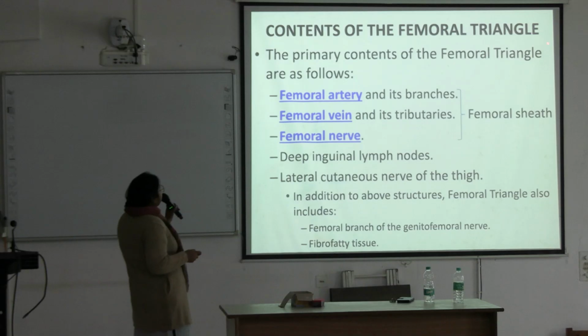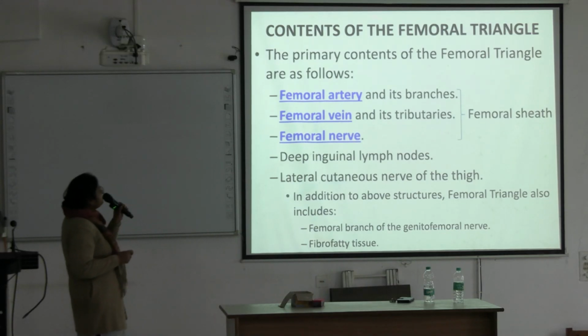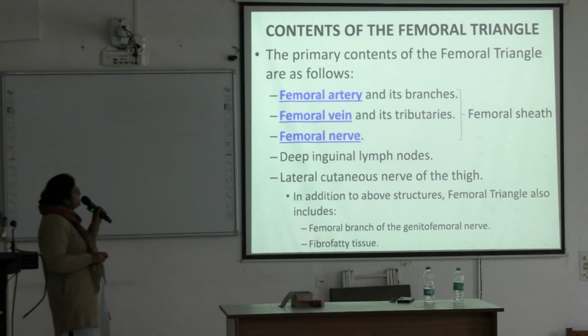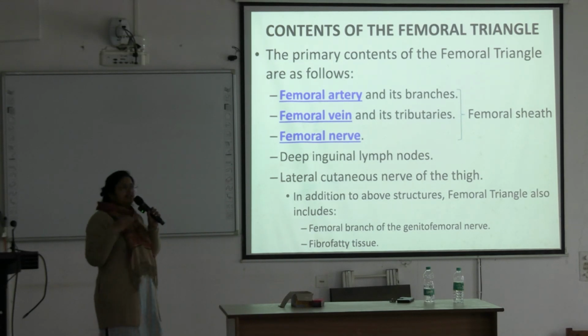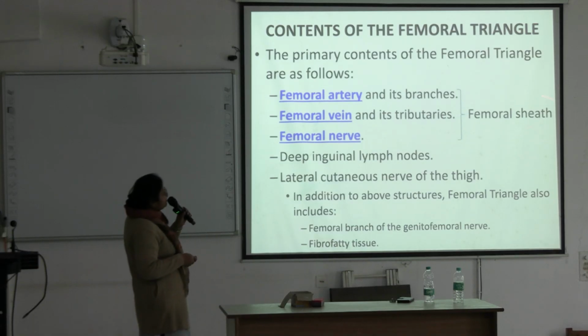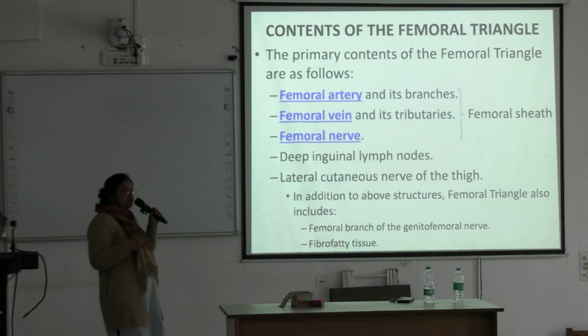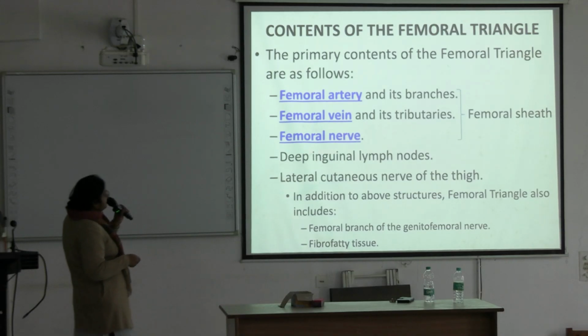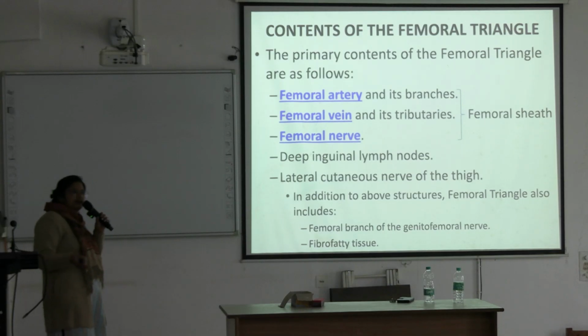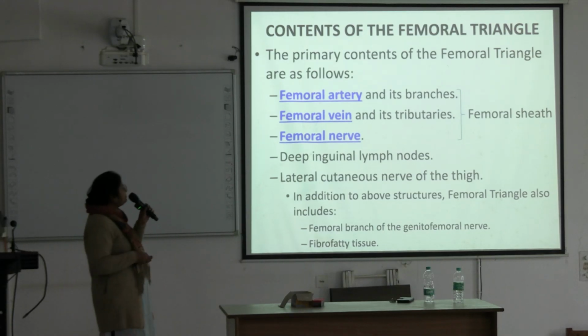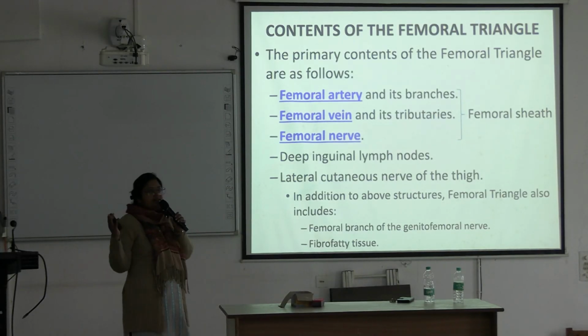The primary contents of the femoral triangle are these three main: femoral artery and its branches, femoral vein and its tributaries, and femoral nerve. And the femoral artery and vein are enclosed by a thick sheath of fascia that is known as the femoral sheath. But the nerve is not included in the femoral sheath. Next, other contents are the deep inguinal lymph nodes, which lie within the femoral canal, which is a part of the femoral sheath, and the lateral cutaneous nerve of the thigh, which is a direct branch from the lumbar plexus.